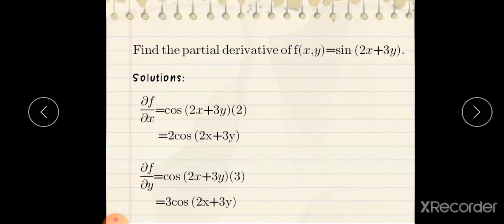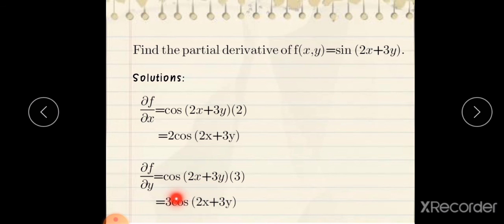The partial derivative of the function with respect to y is equal to the derivative of sine of 2x plus 3y, which is equal to cosine of 2x plus 3y times 3. And we must treat the other variable as a constant, which is x.